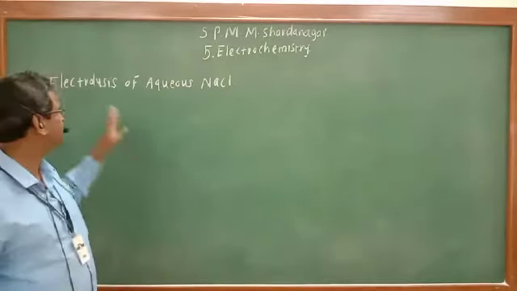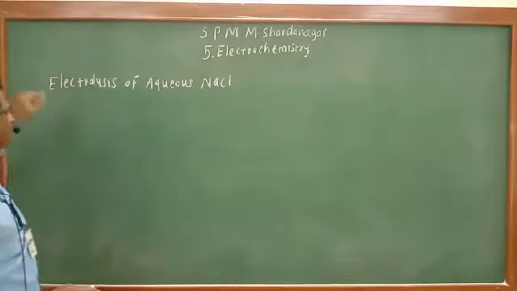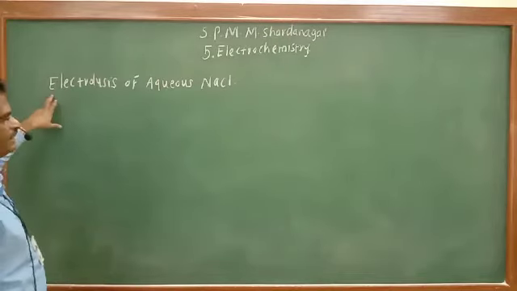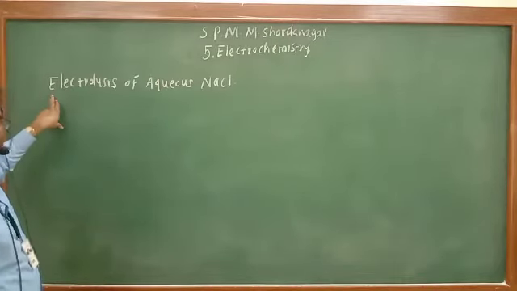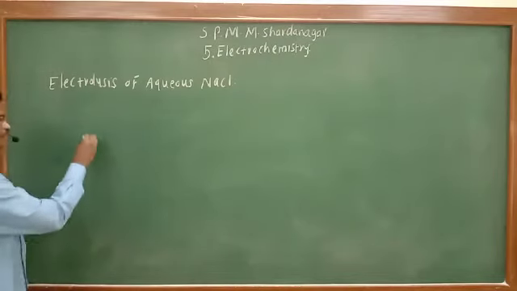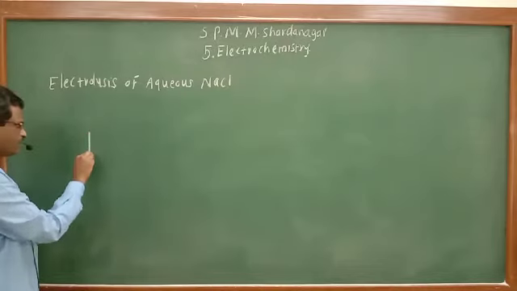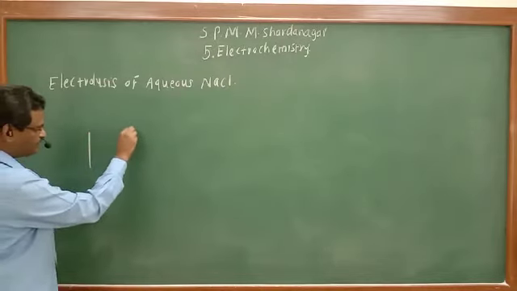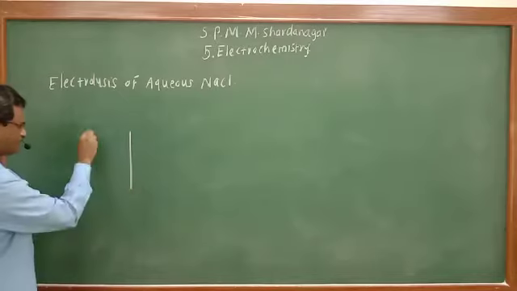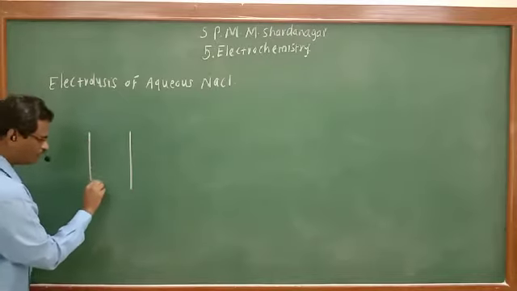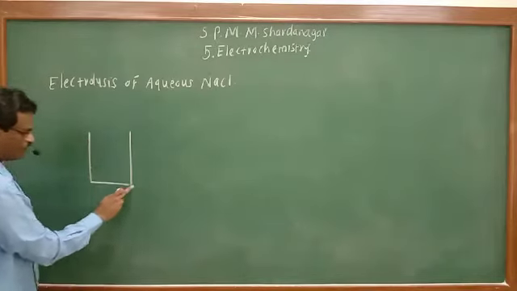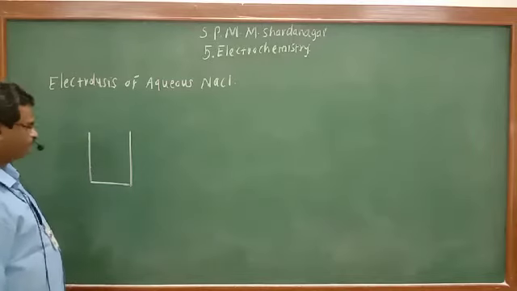Now let us see the electrolysis of aqueous NaCl. For electrolysis purposes, the cell used is known as the electrolytic cell. The apparatus used for the electrolysis process is known as the electrolytic cell.